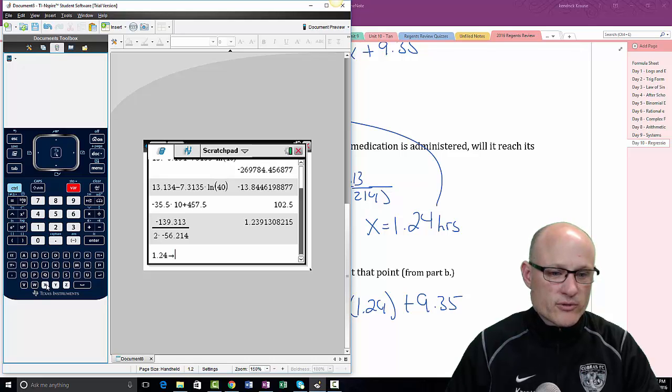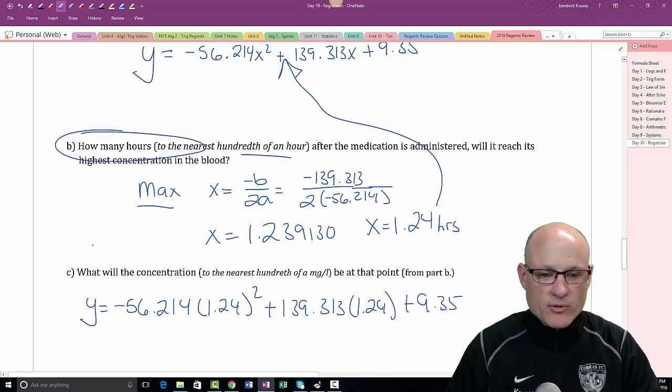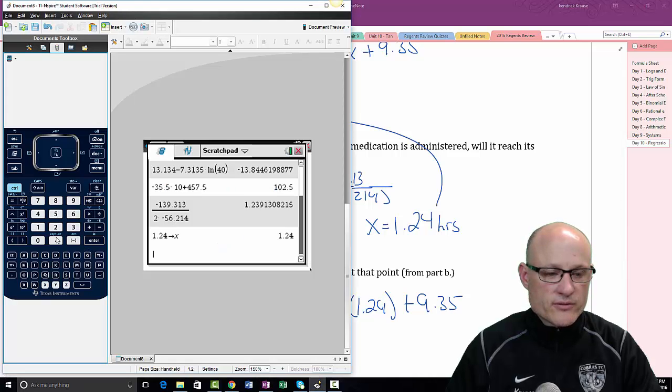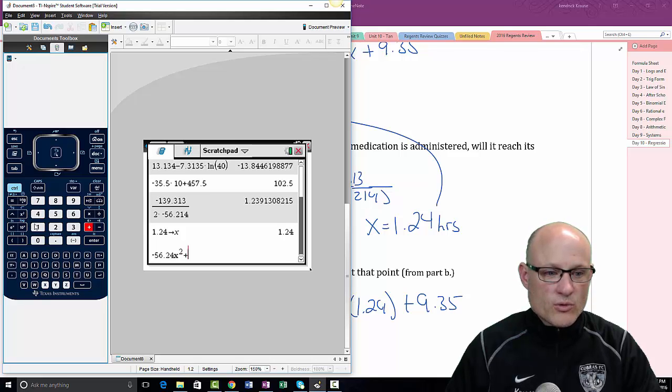I'm just going to do it like this. And then we're going to do negative 56.214x squared plus 139.313x plus 9.35.